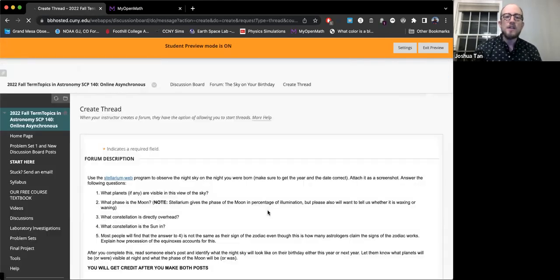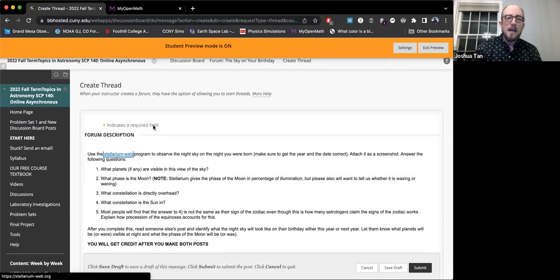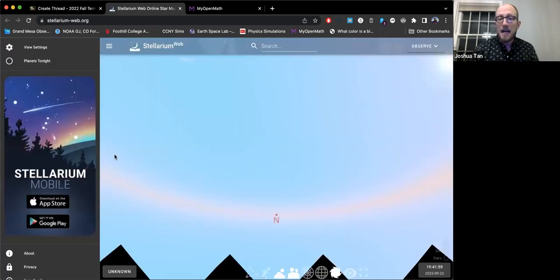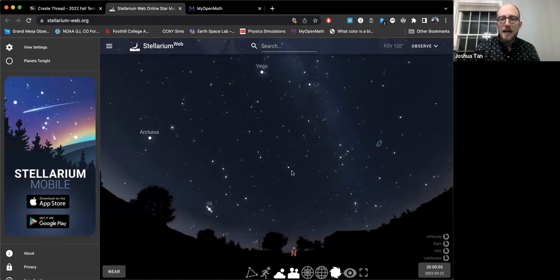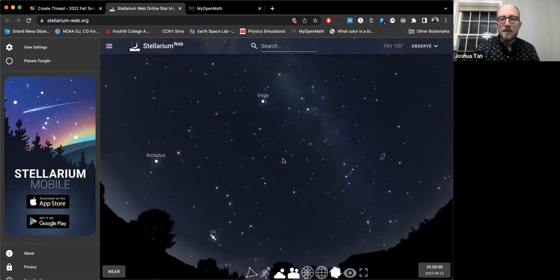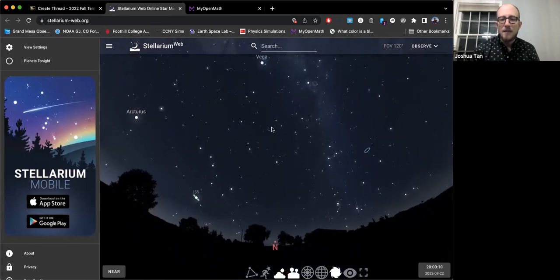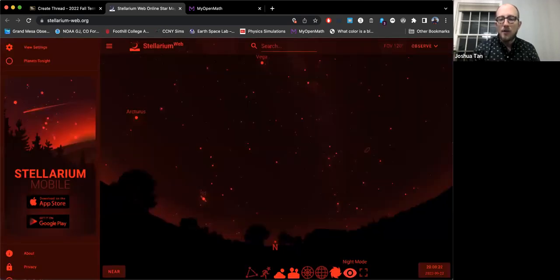What I need to do here is create a thread that uses this website to look at the sky on my birthday. So this is what the sky looks like right now. As I look up at the sky, I can see all kinds of things: stars, planets, deep sky objects, even the International Space Station. And at the bottom, we can see some different icons that you may need to use. I can turn on something called night mode, which makes everything red, not very useful unless you're going out to look.